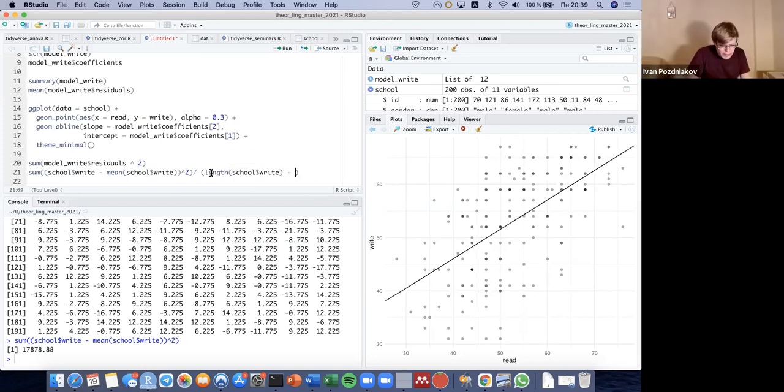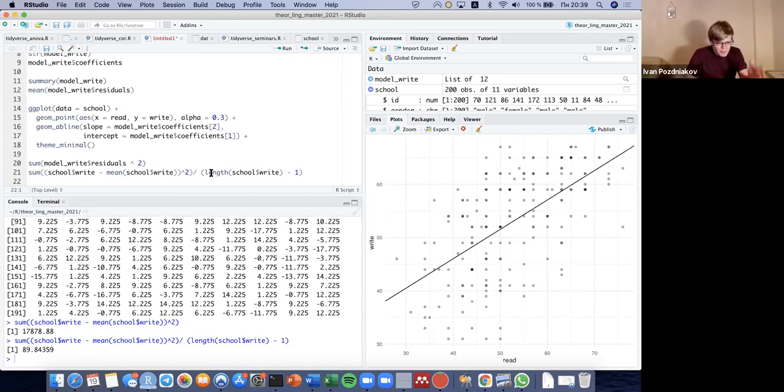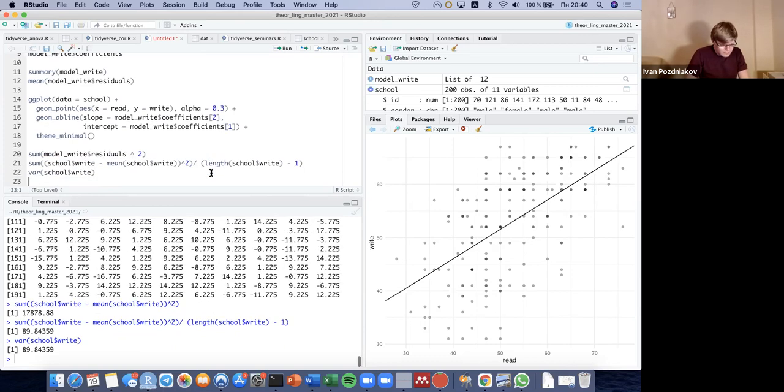If we divide this by length minus 1, we will get variance. Cool. It's very cool if you understand this connection between methods.